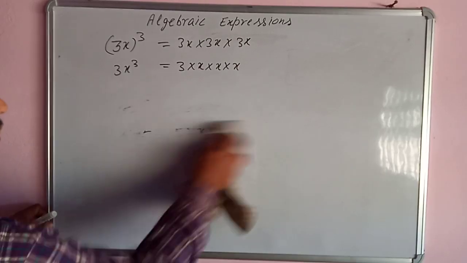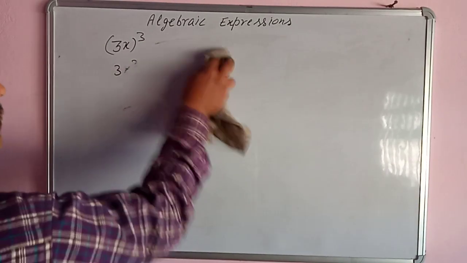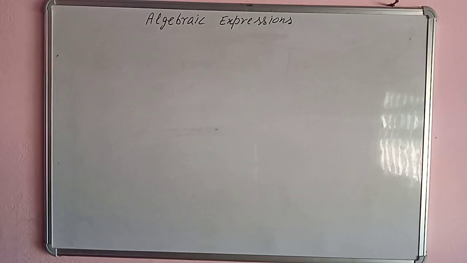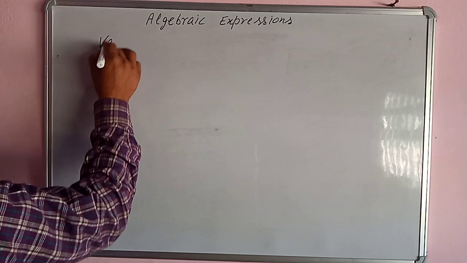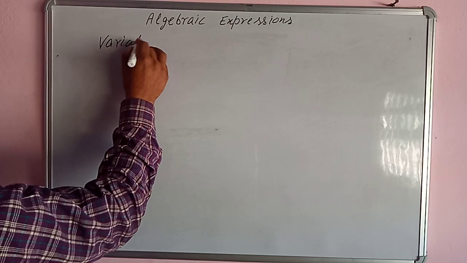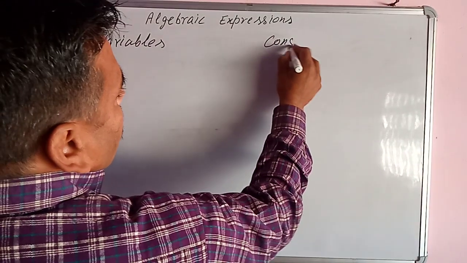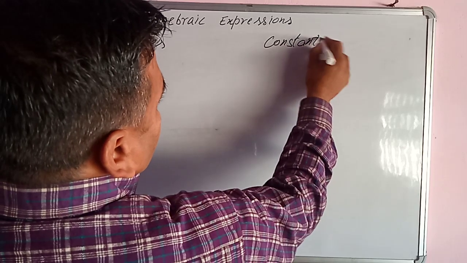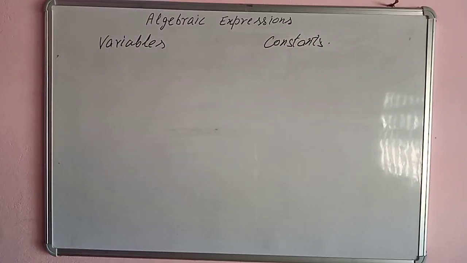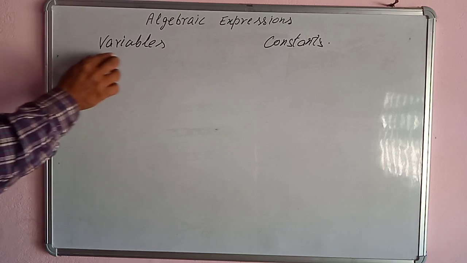Next we have variables and constants. What is the difference between variable and constant? Variable means vary.